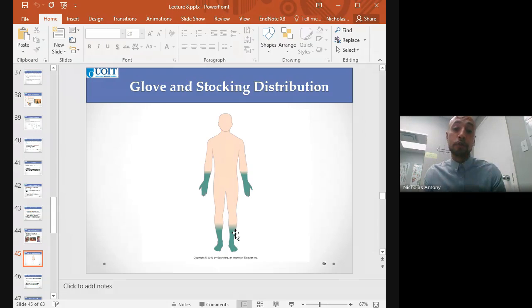With autoimmune disorders, remember you get a buildup of antibodies, and then the antibodies cross-react, and so your body starts attacking those antibodies. They would collect in the small capillaries, so then you get it happening with the hands and feet.